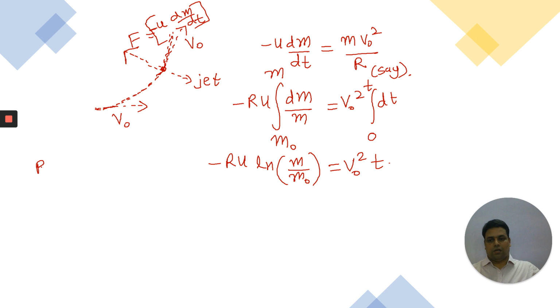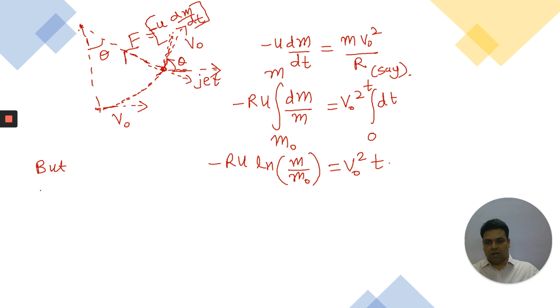But we are asked to tell the angle through which this got deviated. Suppose the V naught turns through an angle theta from the initial direction, this is the initial direction. So say the center of curvature is somewhere here. At the center, this would have traversed an angle theta.